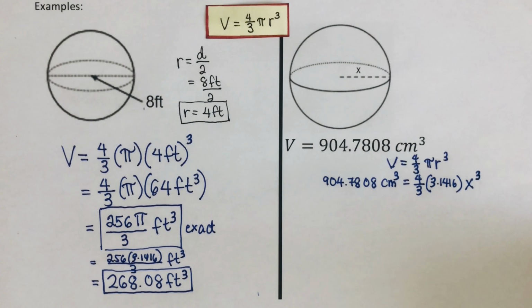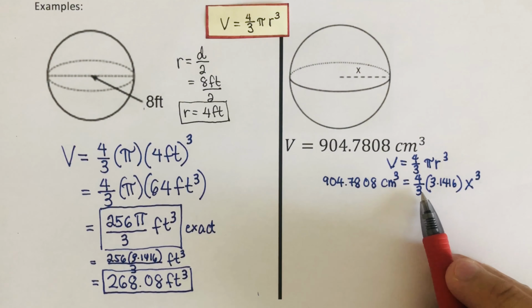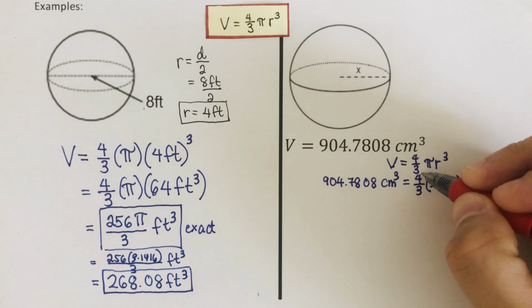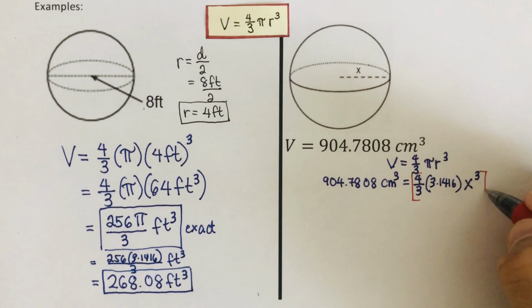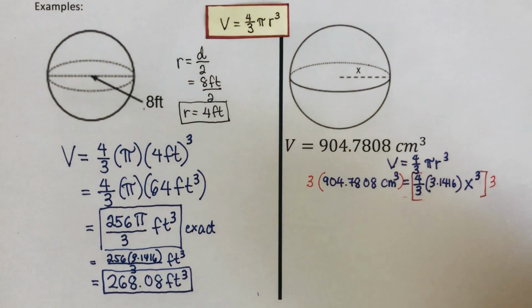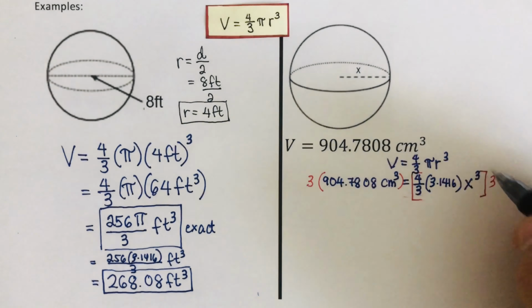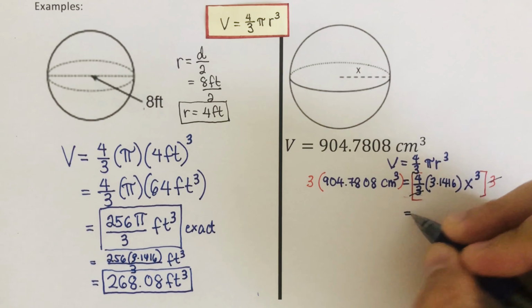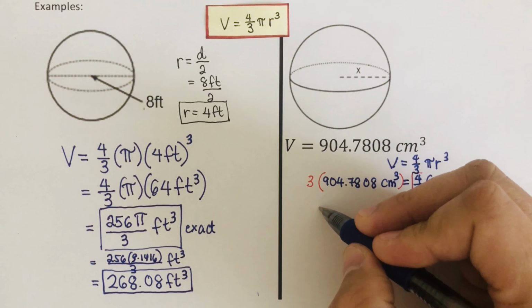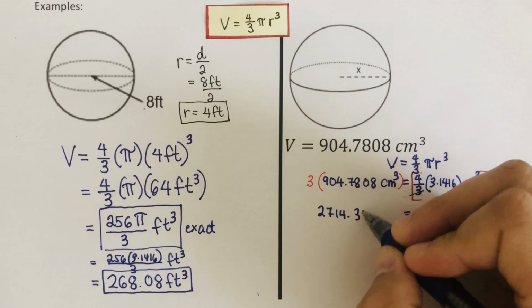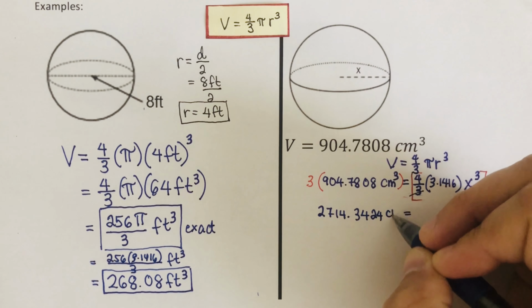Now we are going to get rid of the 3 first before we can solve for x. To do that, we multiply both sides by 3, and then we can cross out the 3s. That's the antidote for the denominator of 3. Then we multiply these two together, which comes out to 2,714.3424 centimeters cubed.